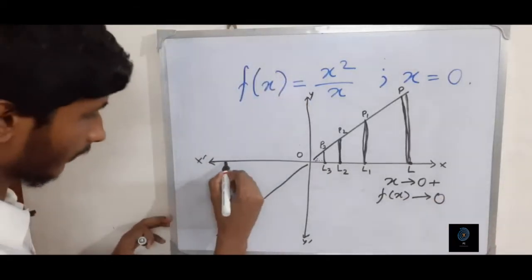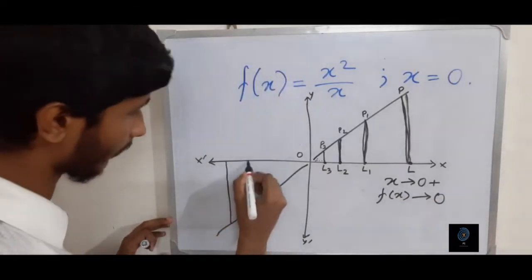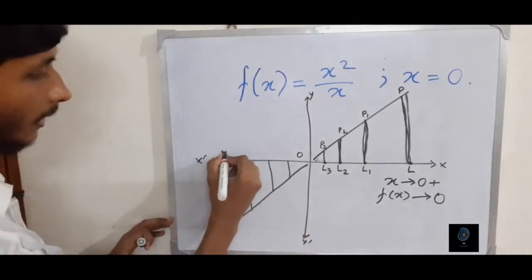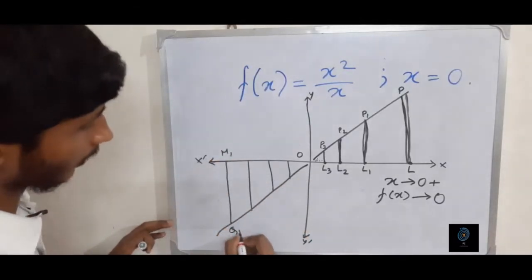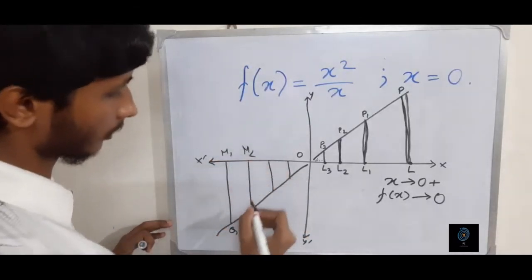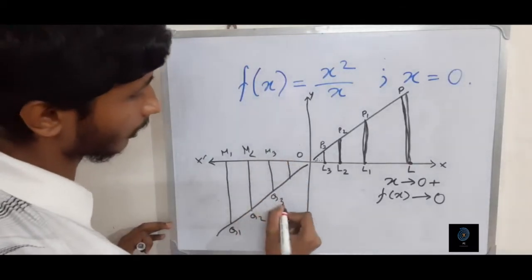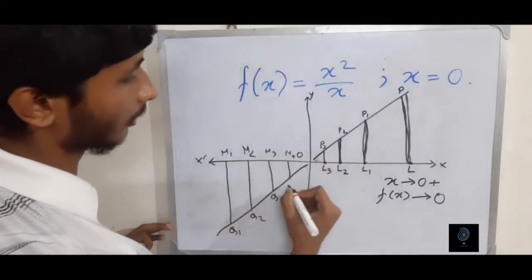Now from the left hand side, if you see, a similar case happens. At this point, say m1, this is q1, this m2, this point is q2, m3, q3, m4, q4.